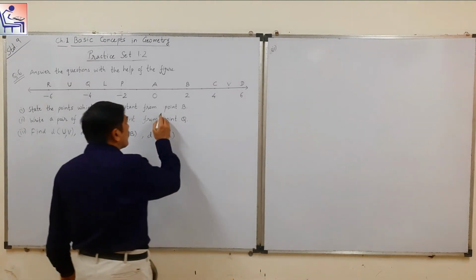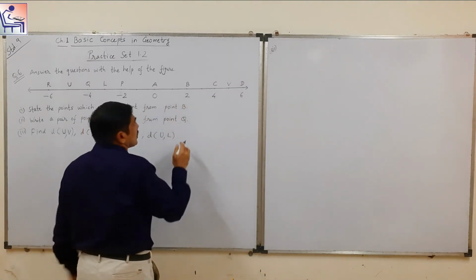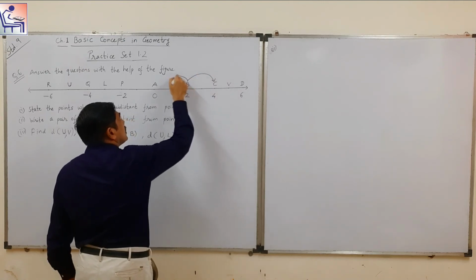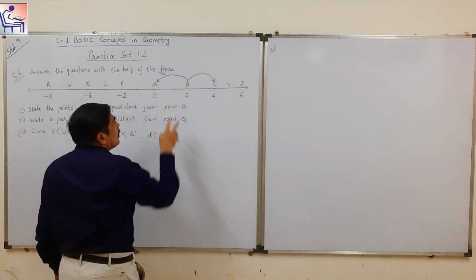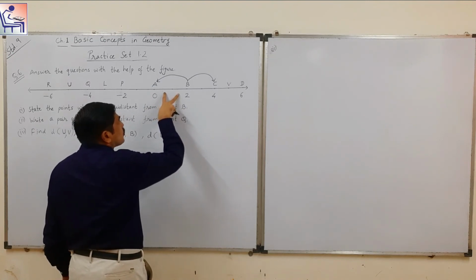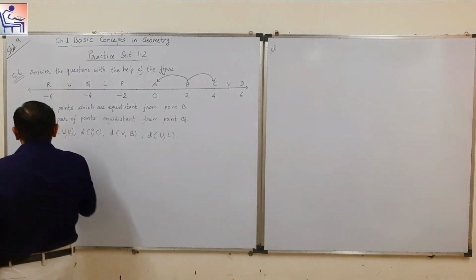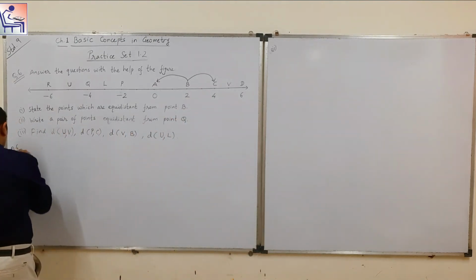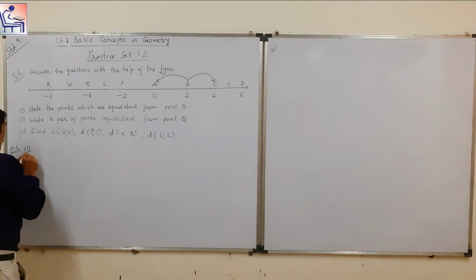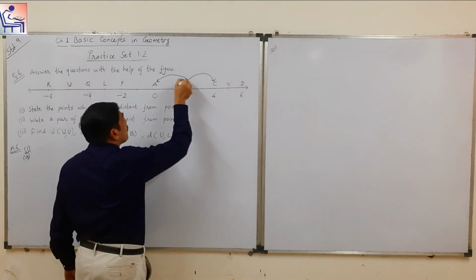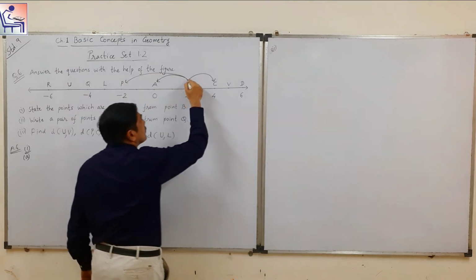So we have to tell which points are equidistant from point B. So here first you can see this one pair. Here point A is at a distance of 2 units and point C is also at a distance of 2 units. So I will write answer 6. In the first question there are two options. Please notice the pair which you are getting.